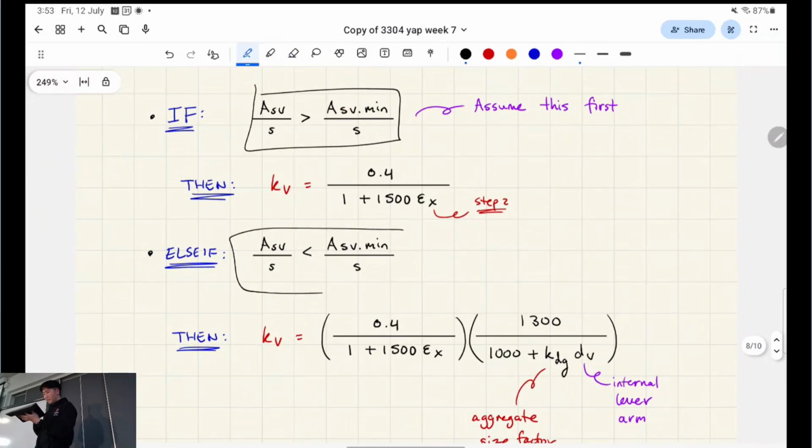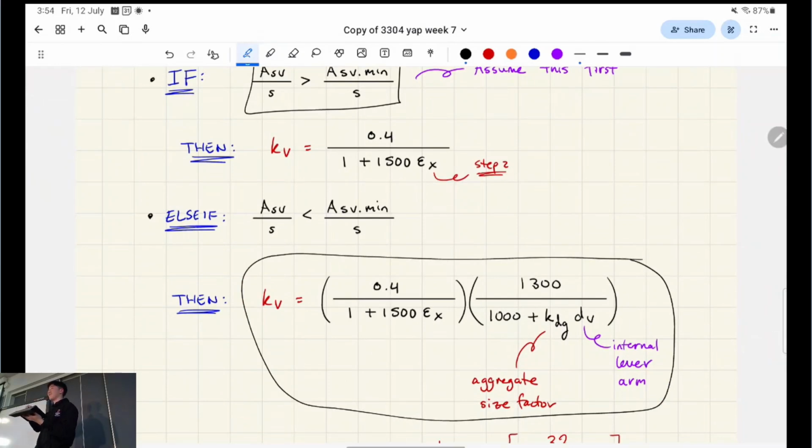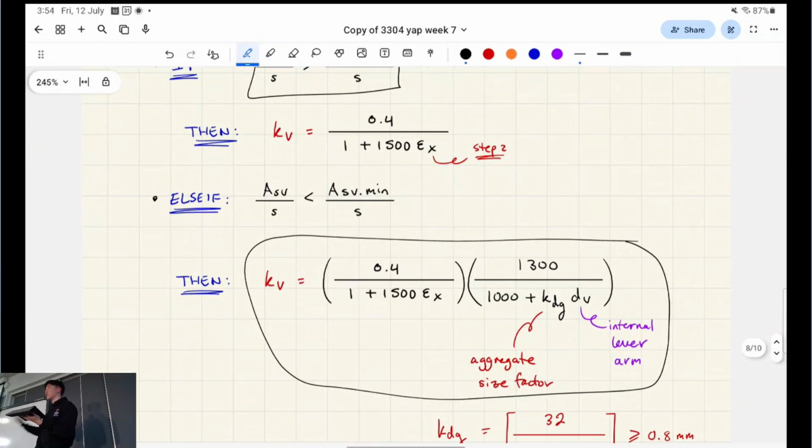If it's not, and you can check this later, you have to go back and check if it's less than the minimum. Then basically some of the aggregate will contribute a little bit. So if the steel isn't contributing enough, the aggregate will take over, basically.